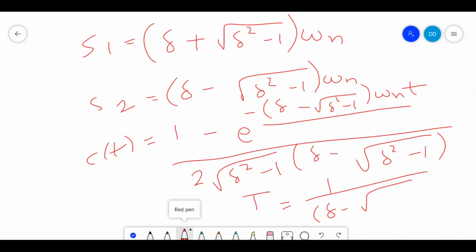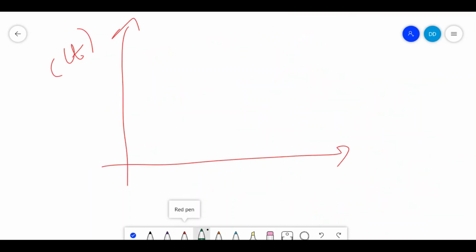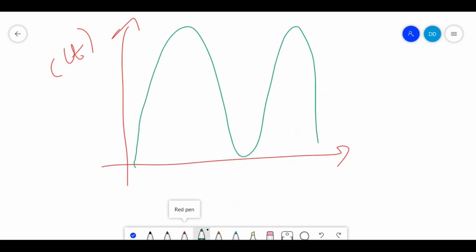The time constant of the response is given by T equal to 1 by delta minus root of delta square minus 1 into omega n. This is the time constant of the response.